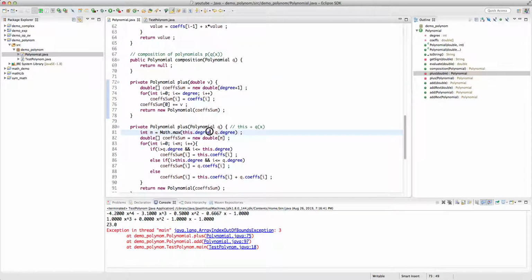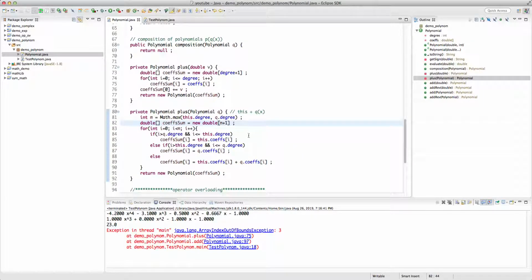And here also if the degree here, we have to have n plus 1 coefficients, right? Yes.